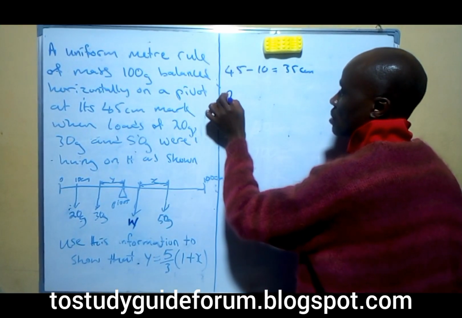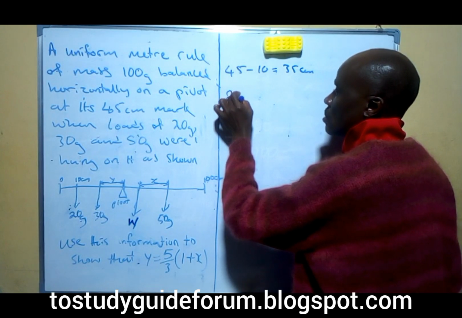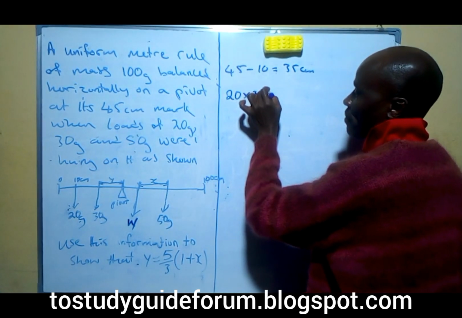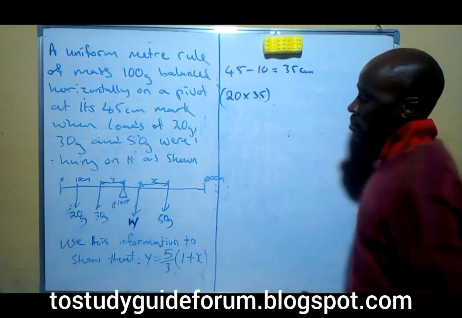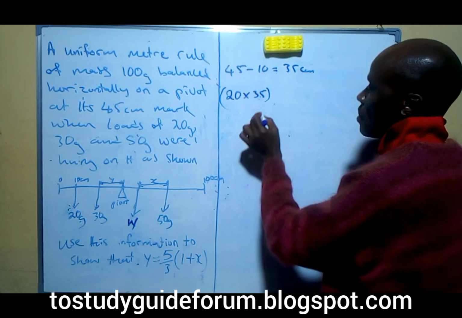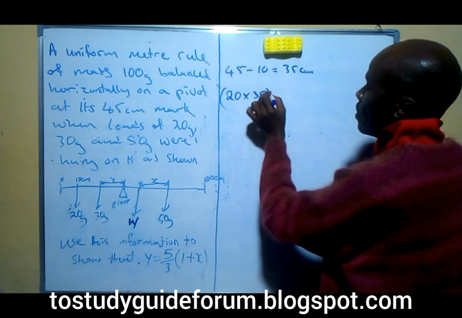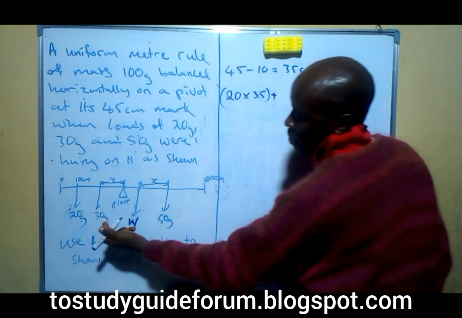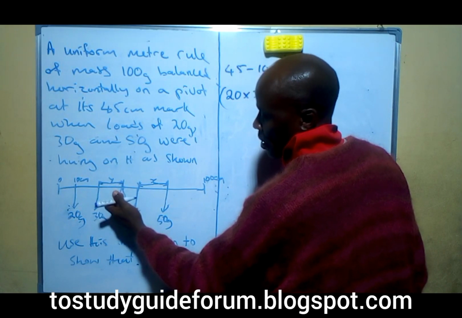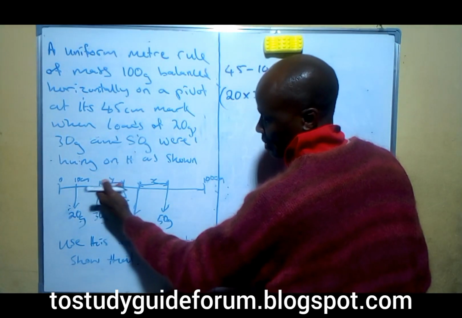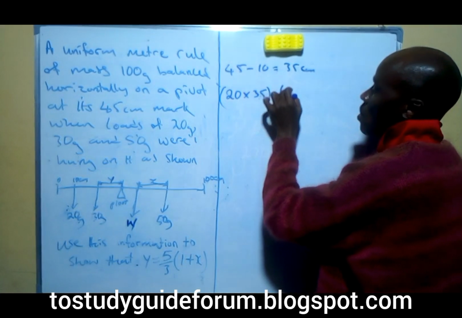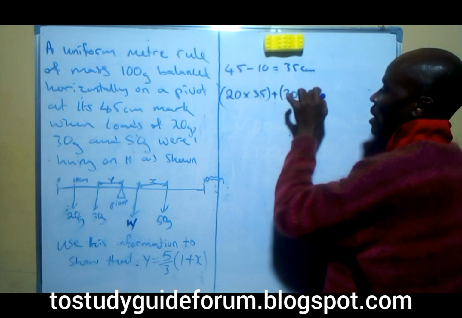That means 20 grams times 35, plus this is 30, the distance is y, so 30 times y.